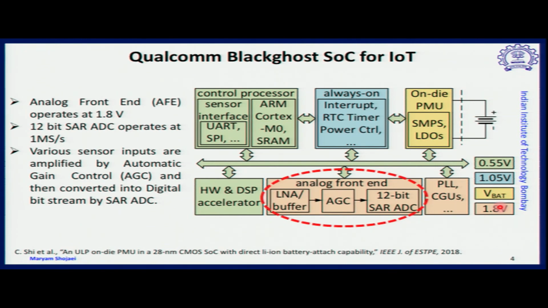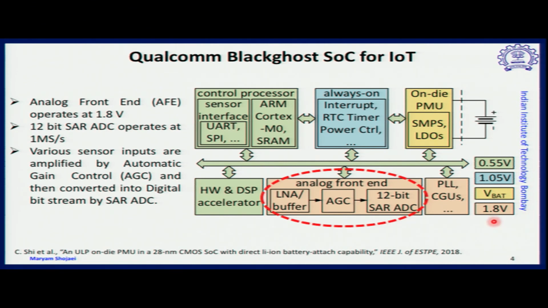The block diagram of this SoC is shown in the slide. The first thing you may notice is the availability of 4 different voltage levels, which is very common for energy management in low energy system on chip ICs.